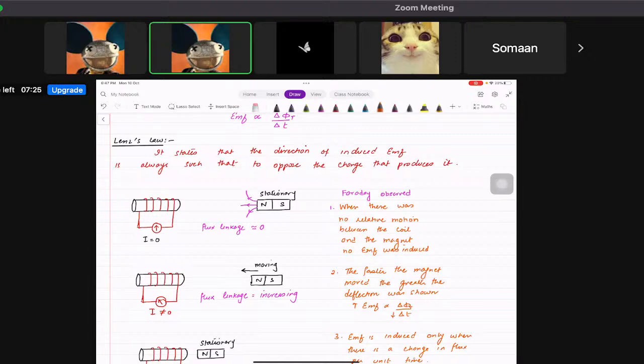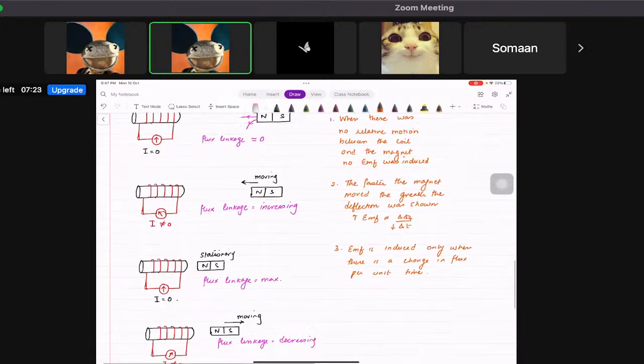Even when you put the whole magnet right beside it or even inside and it stopped, there won't be any change in flux linkage, which means there won't be any EMF induced. So when it is moving away, then EMF is going to be induced, because now there is some change happening. Is it clear? Okay.